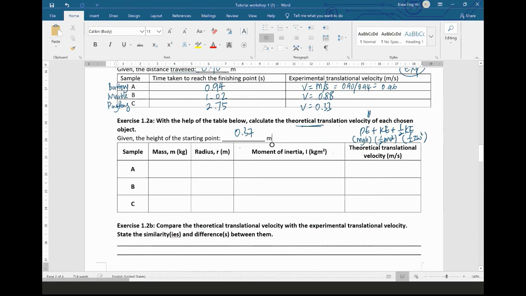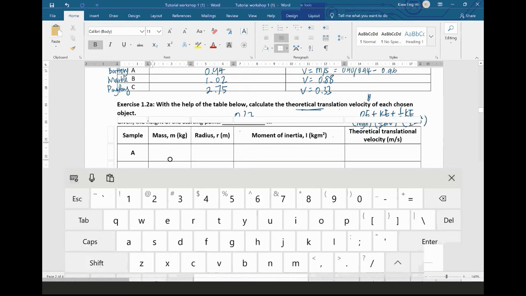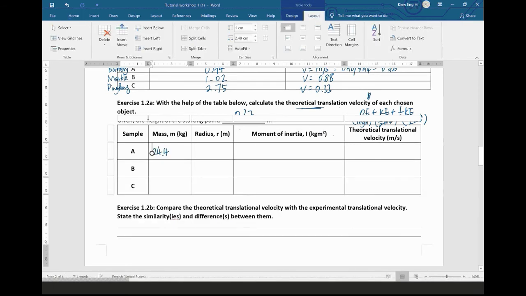The mass of the battery has been measured as 24.24 grams, so convert to SI unit times 10 to the power of -3. Marble is 5.54. Ping pong is 2.5 only.